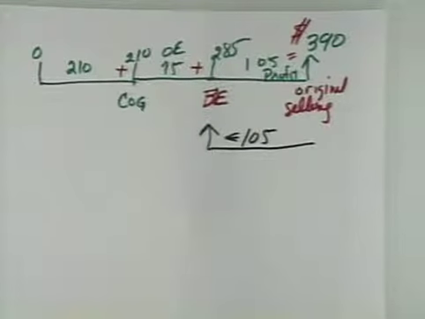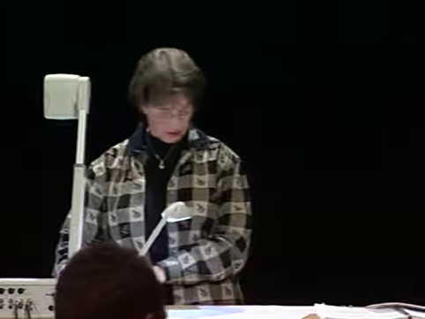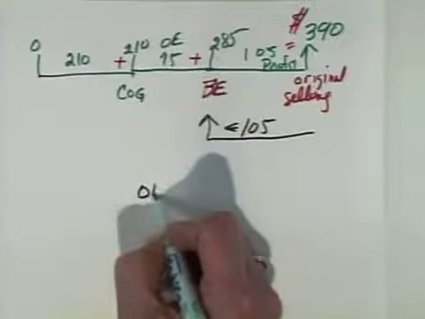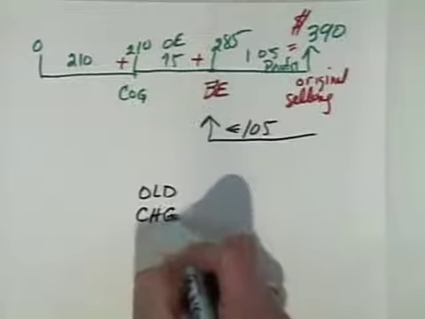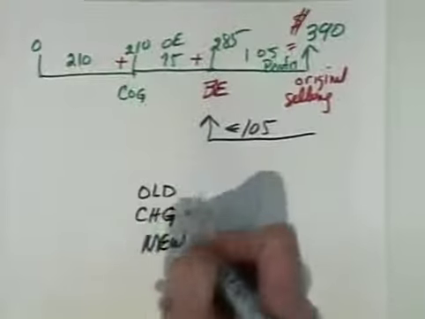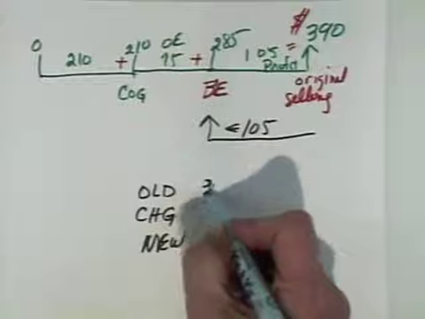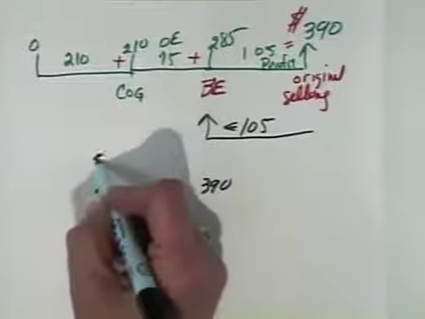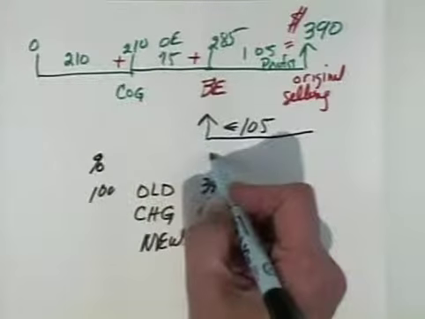So, you understand, my sticker says $390 on this chair. What percent can I mark that down and not incur an operating loss? How much that would be, let's talk this over. I'm going over here as old, change, new. The dollars on old are $390 because that's my original selling price.